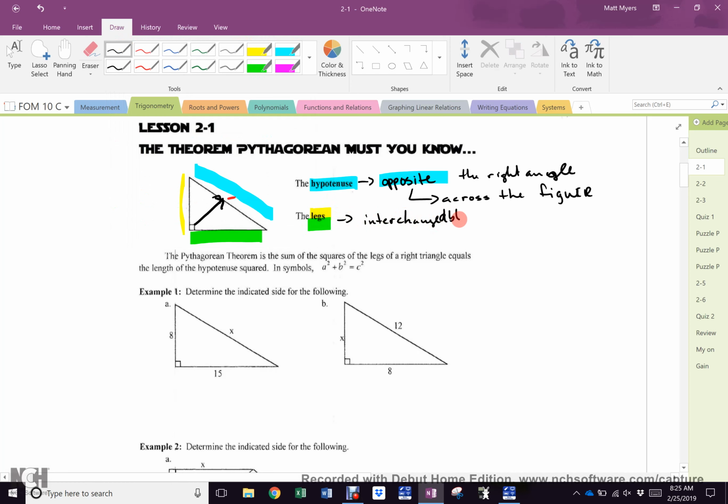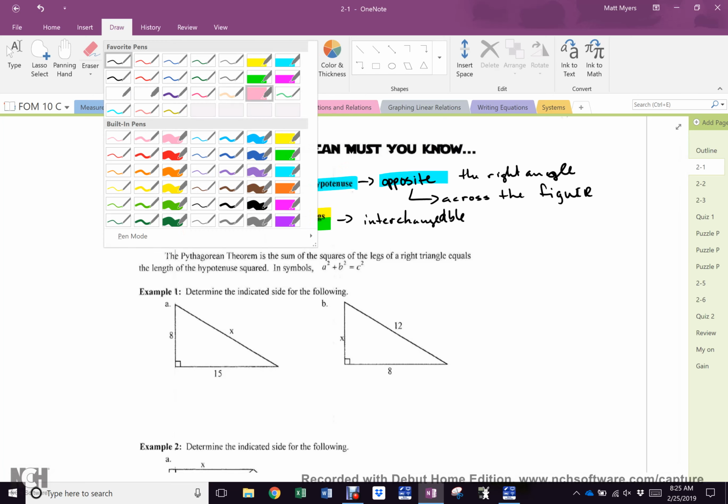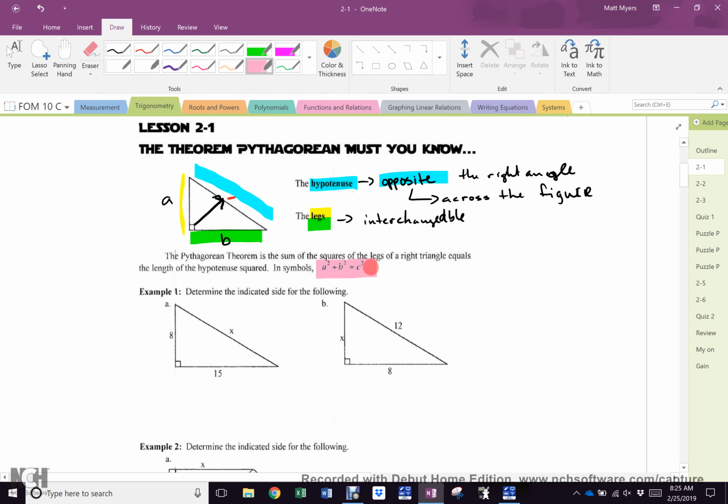One leg, we label it as A and we label the other one as B. But those letters do not matter. You were all taught this: a squared plus b squared equals c squared, which is wonderful to learn until I give you a question that looks like this.